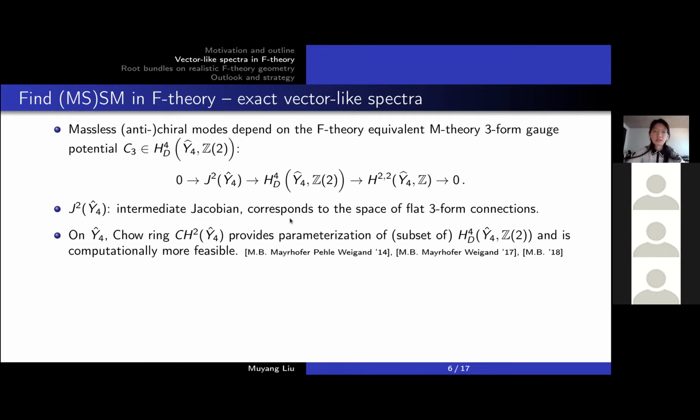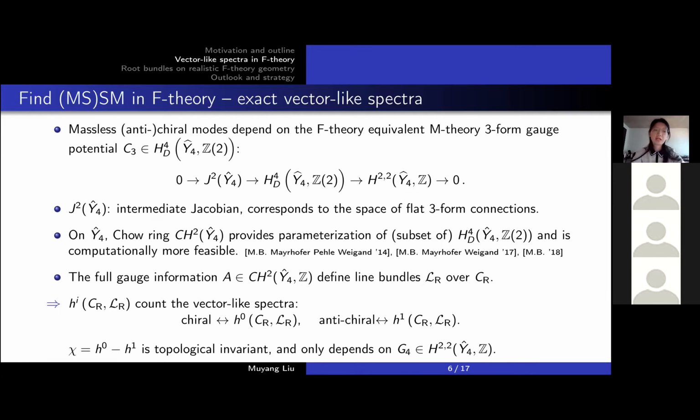However, the Deligne cohomology is still hard to handle, but we could use the Chow ring of the Y4 to provide at least a subset of parametrizations of the Deligne cohomology, and it is much more computationally feasible.